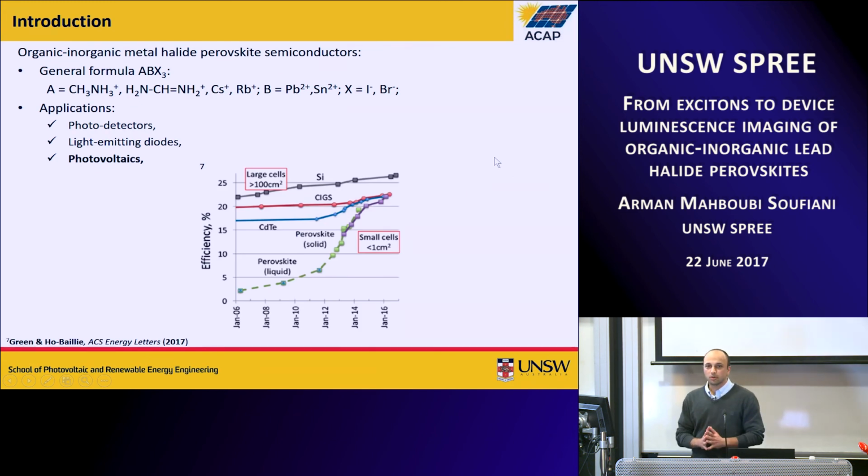Anyhow, they have a lot of good electrical properties that resulted in a dramatic increase in their efficiency since 2012, when the first solid-state perovskite device was fabricated with efficiency around 9%, and now efficiency of more than 22% has been reported.